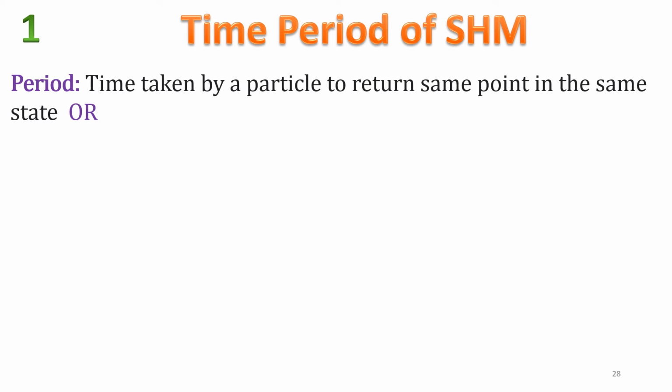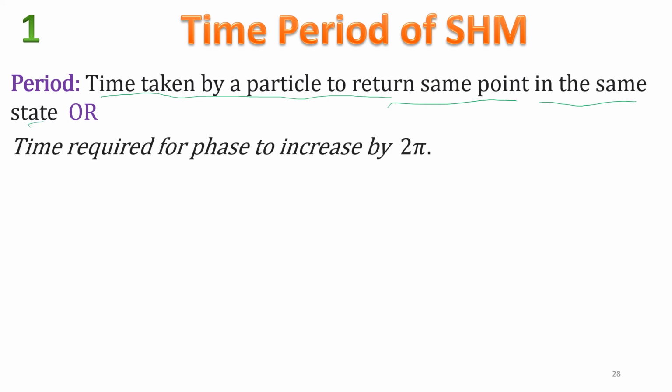Now, time period we define as the time taken by the particle to return back to the same point in the same state. Or we can define it as the time required for the phase to increase by 2 pi.